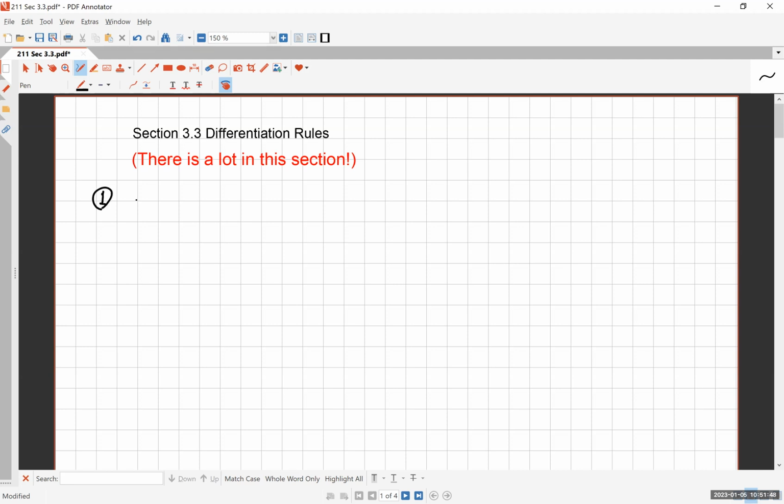All right, number one. I will call this first part basic rules. I will give you a few. Now remember, we write this derivative as dy dx, or d dx of the function, whatever this function is.